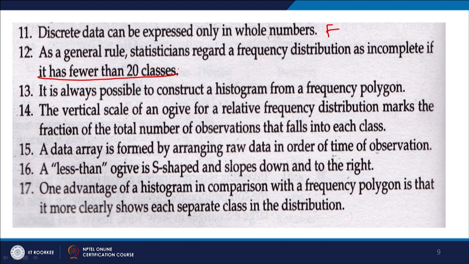Is it so? If the number of classes is less than 20, the frequency distribution is incomplete? No, it is false. The general rule is how many classes? 5 to 15, right.